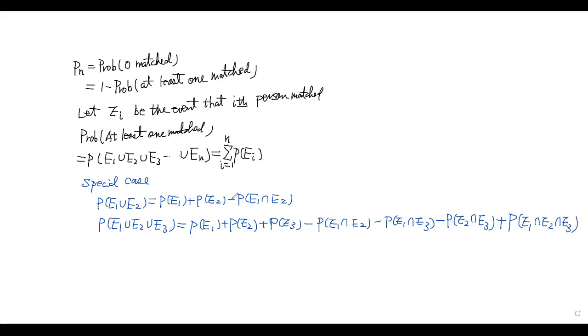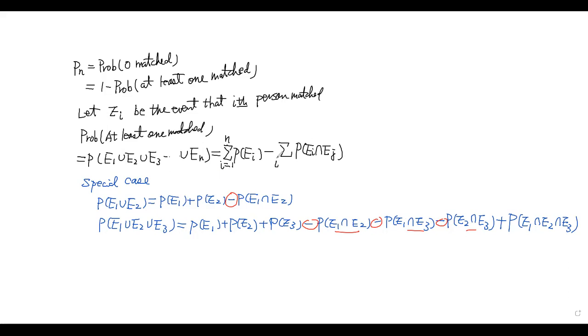Then the next term you minus, because you have two events here, so it's a minus, and this is the summation of P(E_i intersect E_j), where you can see the pairs are 1,2; 1,3; 2,3.